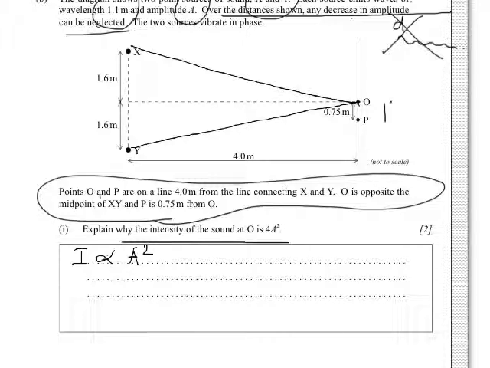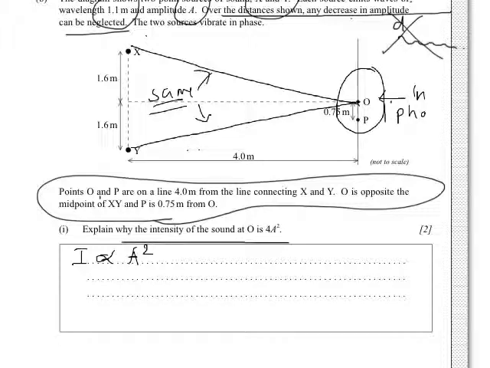Okay, so if we have a think, X and Y, they're equidistant, so this distance is the same. What is going to happen to the amplitude of this wave at O? Well, because these distances are the same, these two waves are going to constructively interfere, because basically they're in phase.